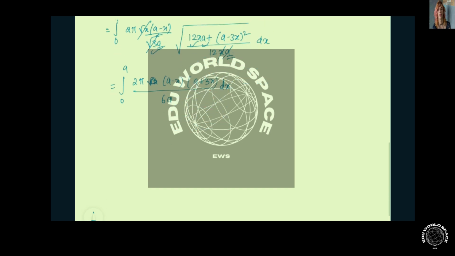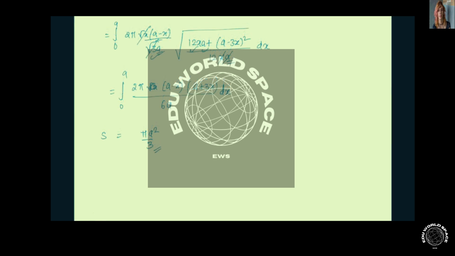So on integrating this function and simplifying, we get the value of our surface area as πa²/3. Now to calculate the surface obtained by revolving about the y-axis, this is our loop and we are rotating about the y-axis, so we need ds, which is the same as this.